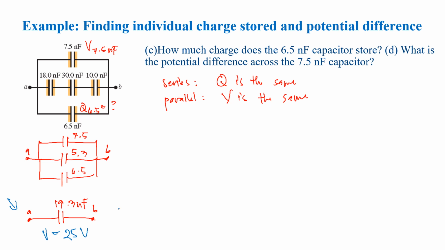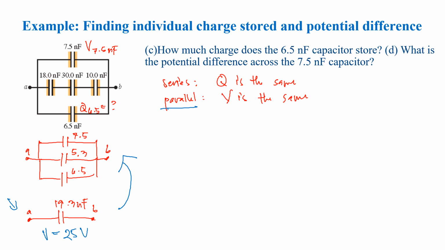But if we go back higher, the 19.3 nanofarad capacitor is composed of three capacitors in parallel: the 7.5, the 5.3, and the 6.5 nanofarad capacitors. And we said that for capacitors in parallel, V is the same.